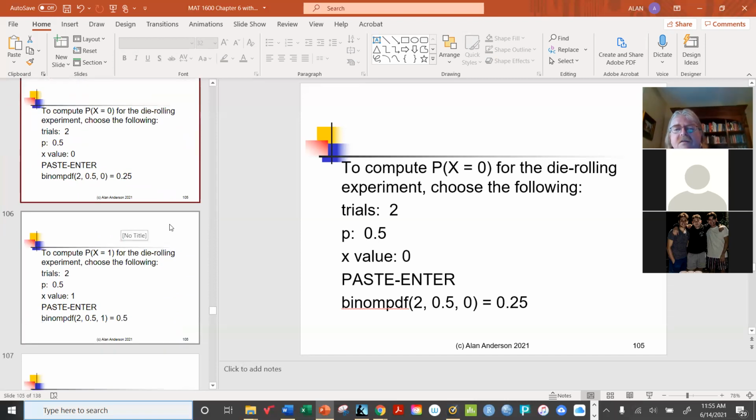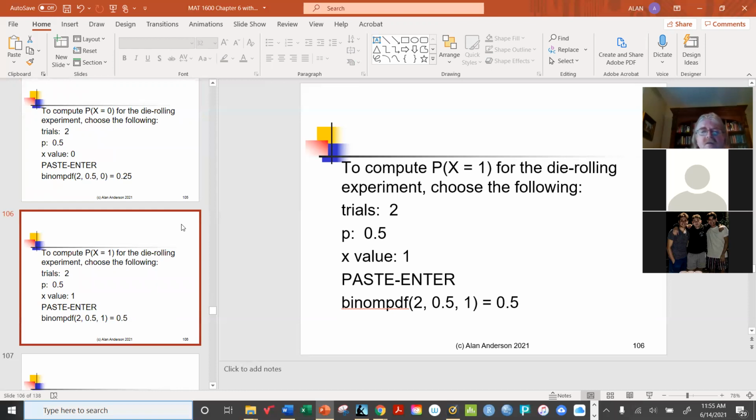What is different? Let's find out. It's just the X value. Okay, so in other words, you just change the value of X to 1, and you've got your answer, which is 1/2, which we know is correct. All right.